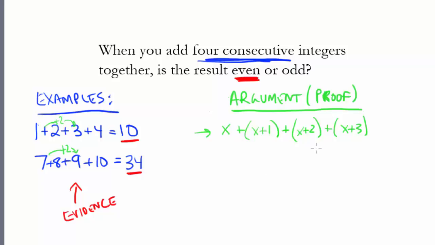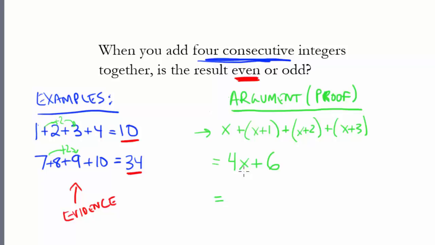So let's add these things up. x plus x plus x plus x equals 4 x's, plus 1 plus 2 plus 3, which is 6. 4x plus 6. Can we factor this?